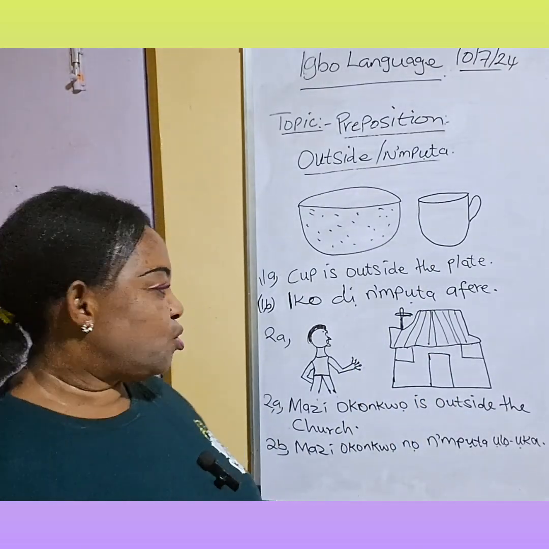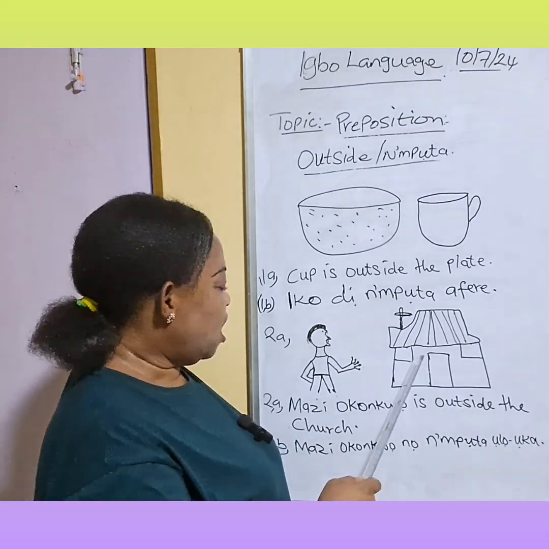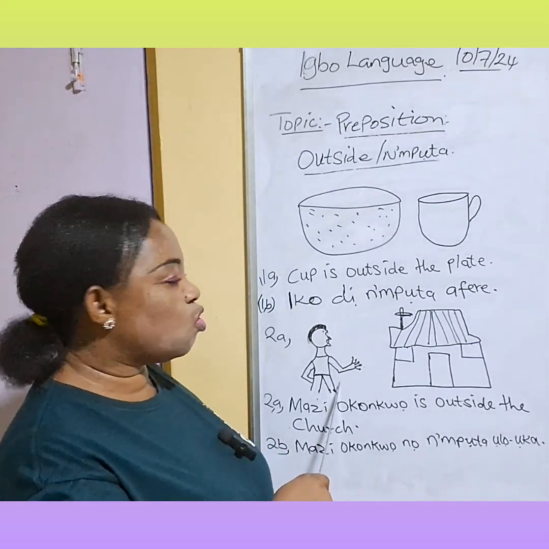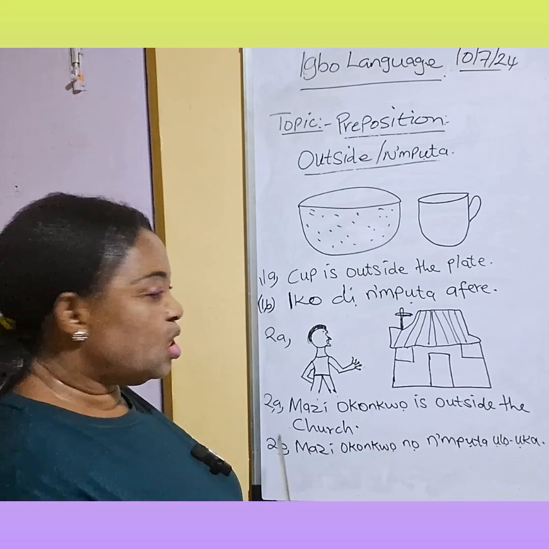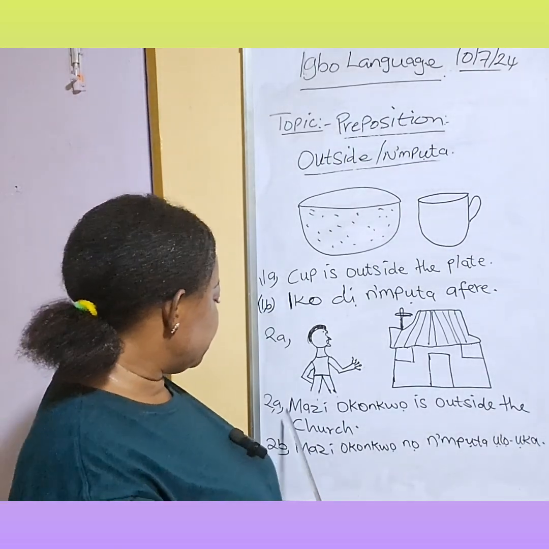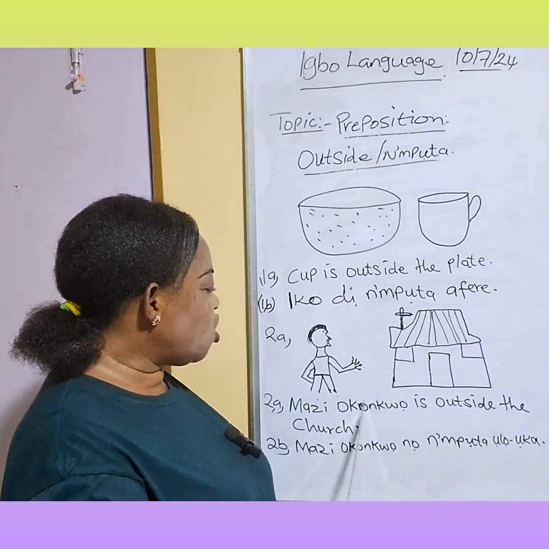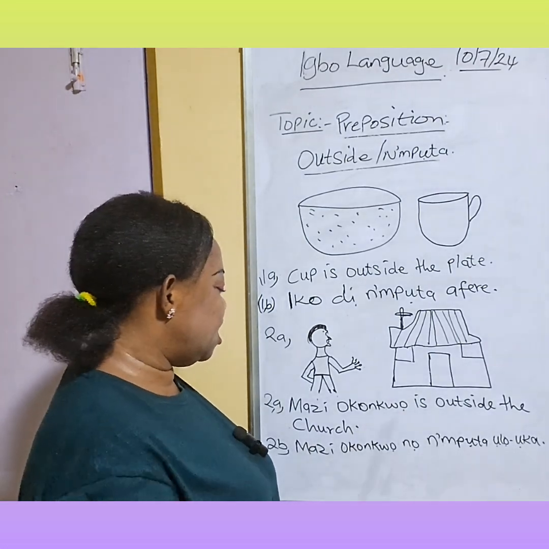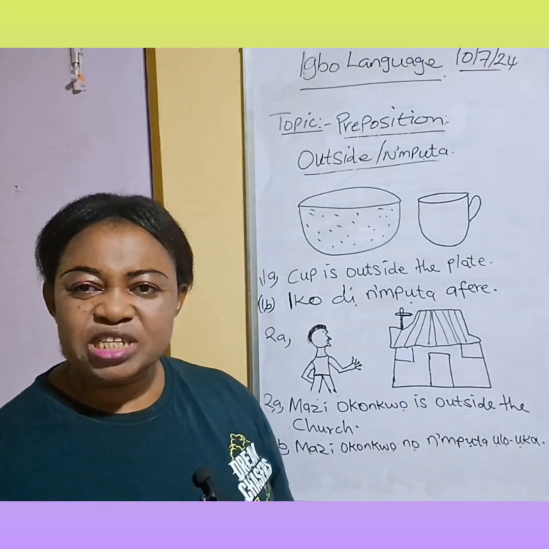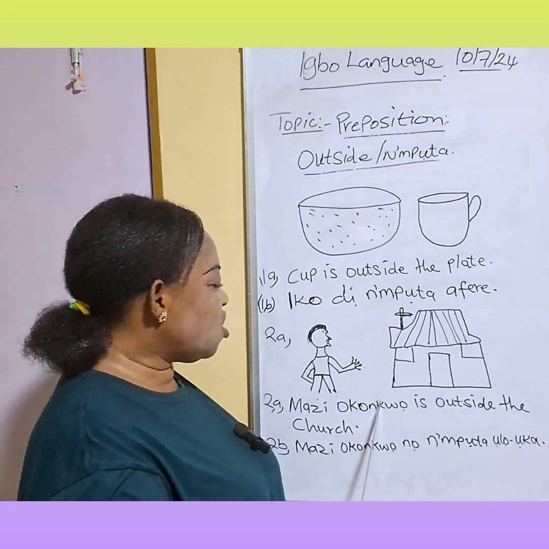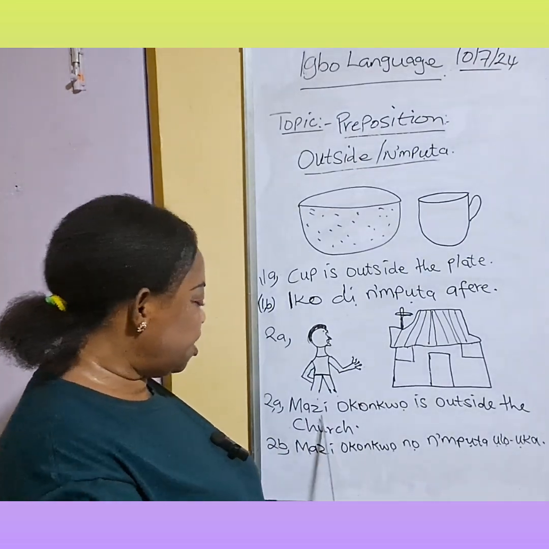Second example, you can see this church and you can see this Mazi Okonkwo. Let's see it in a sentence. Sentence 2A says, Mazi Okonkwo is outside the church. Class, repeat after me. Mazi Okonkwo is outside the church.